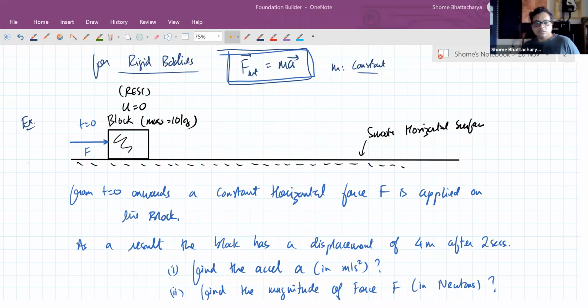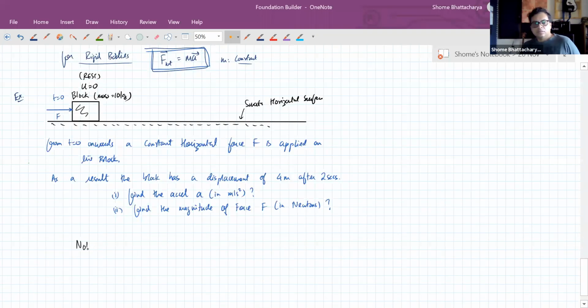So look, the first thing you have to understand here is that the net force F is constant. How do we know it's constant? Because it's given to us that it's a constant horizontal force. So that tells me that the acceleration A will be F by m.